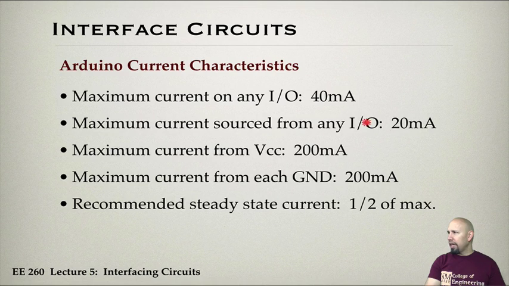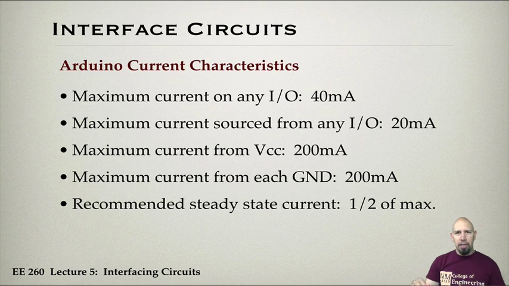That's as much as you can expect to get out. If you have that digital pin and you ground it, it's set to low, so it's ground. It can actually take in 40 milliamps from whatever its source is. So basically, what this is saying is that you can sink more current than you can source.